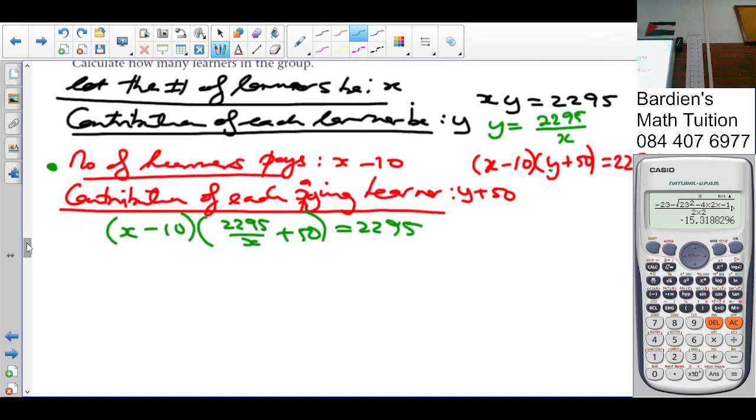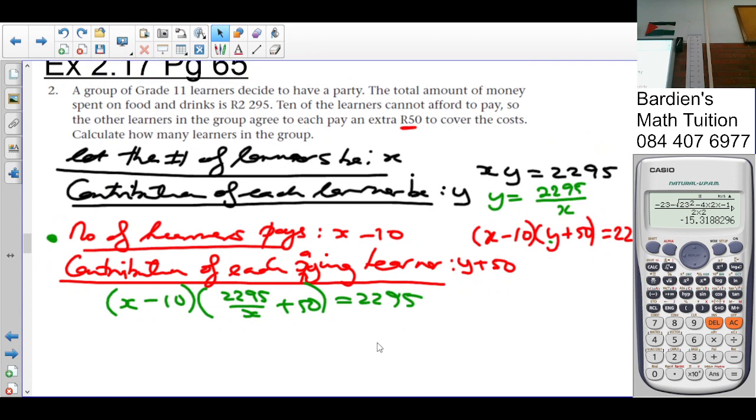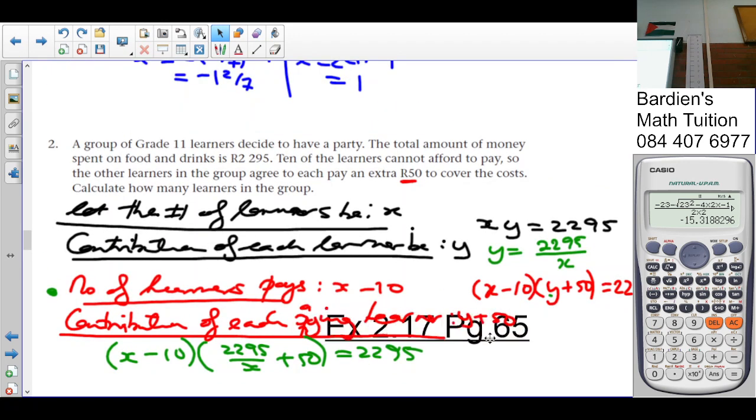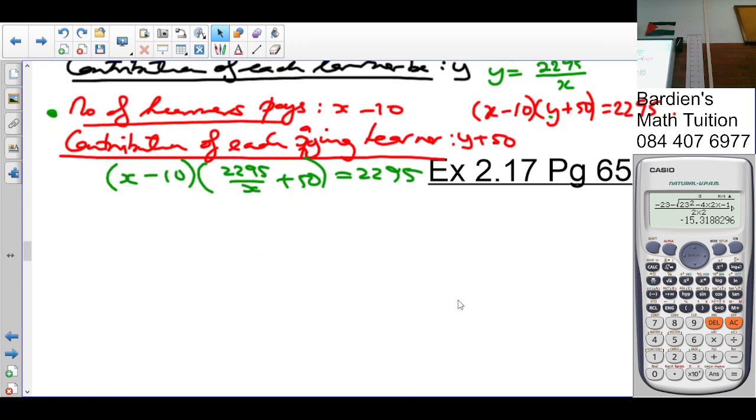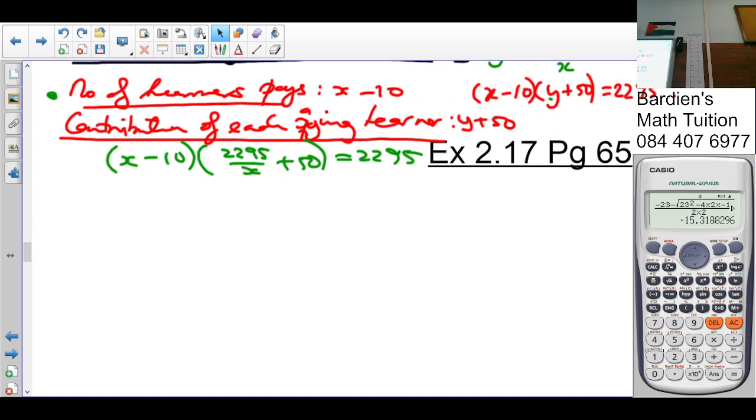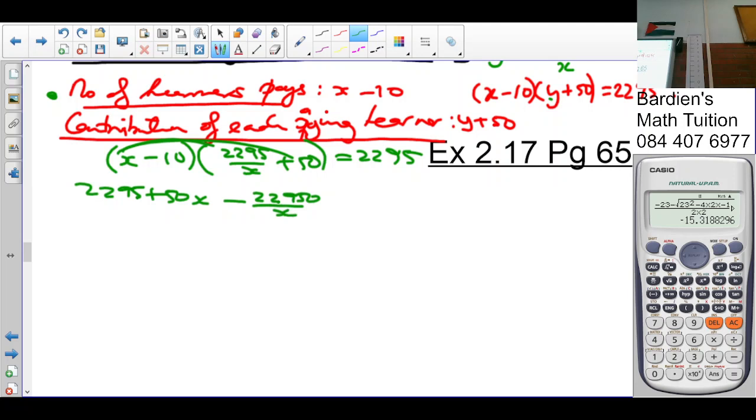So what do I do from there? It's a matter of solving the equation. You multiply that out, so I say 2295 plus 50x minus 22950 over x minus 500 equals 2295.